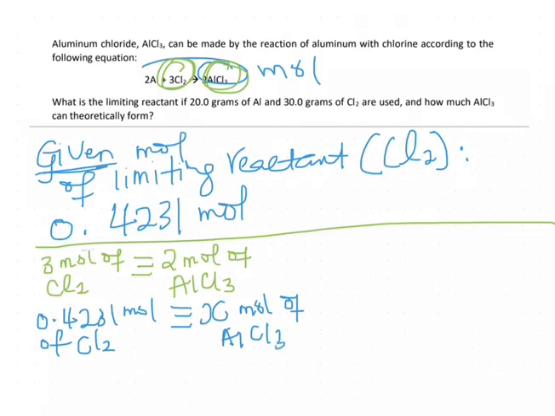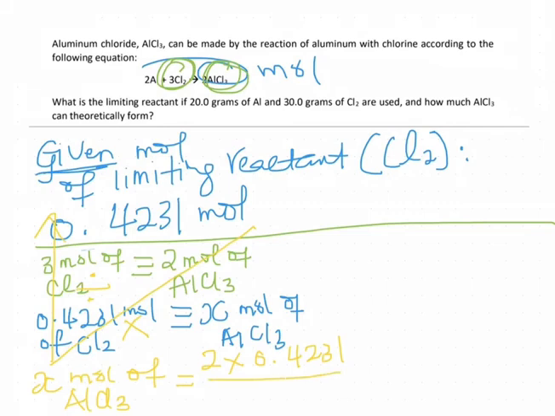When we cross multiply, you times and then you divide. So the X mole of AlCl3 is 2 times 0.4231, divided by 3.